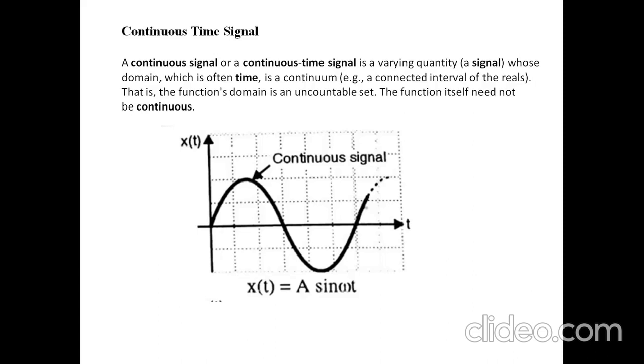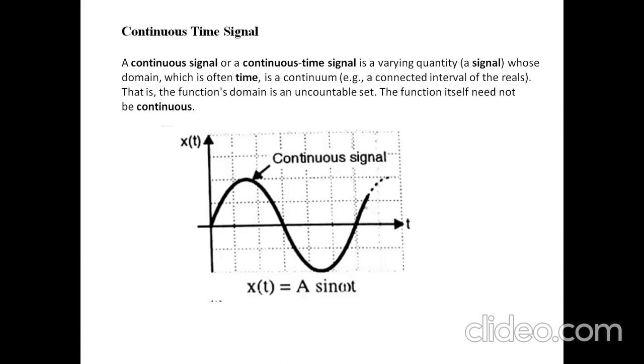That is, the function's domain is an uncountable set. The function itself need not be continuous. So in terms of a continuous signal, the signal varies with respect to time, and we say it is a continuous time signal.